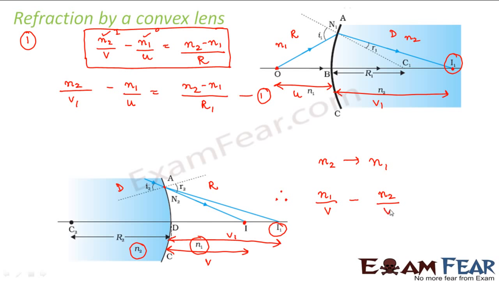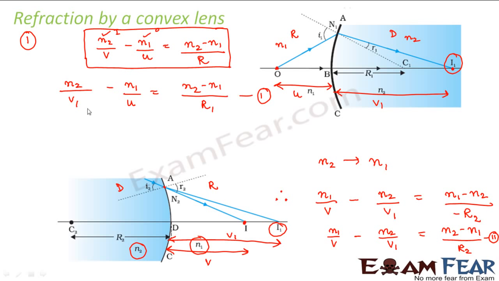So V1 is equal to N1 minus N2 divided by R2. But in this case, R2 lies on the negative side, so this will be minus R2. So this becomes N1 by V minus N2 by V1 is equal to N2 minus N1 by R2. So this is my equation 2.